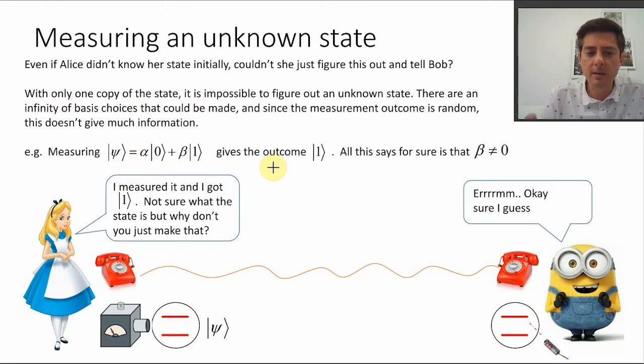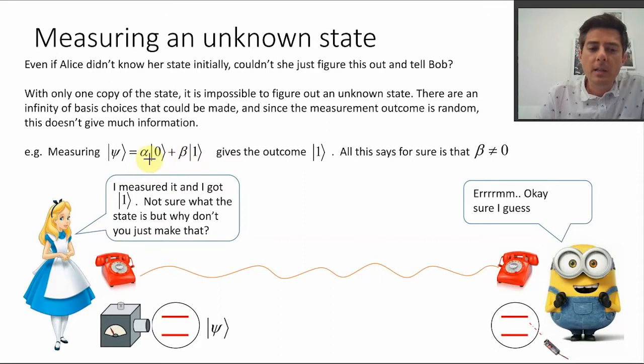So okay, why don't I just choose the 0, 1 basis, just to be certain. And say Alice measures this state, alpha, beta, doesn't know what it is. And as we've learned in the past lectures, she would get either 0 or 1 with probabilities of, say, modulus alpha squared and modulus beta squared. And say she's only got one copy of the state.